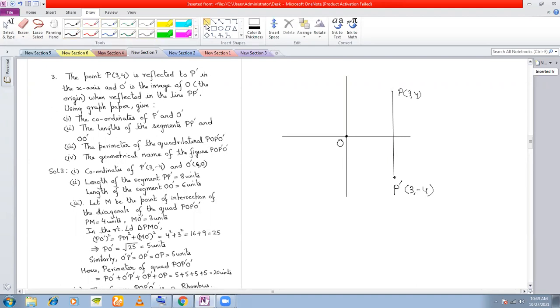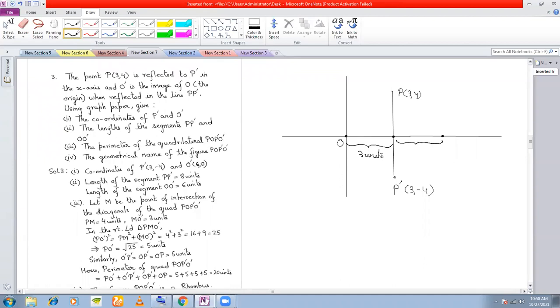See, there's no standard formula for this. So what you do here is you have this x-axis. What is this distance? How much is this distance? This distance is 3 units, right? In order to find out the image of O, you take 3 units from here.